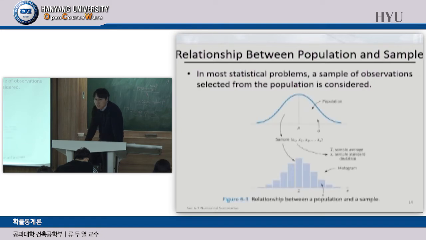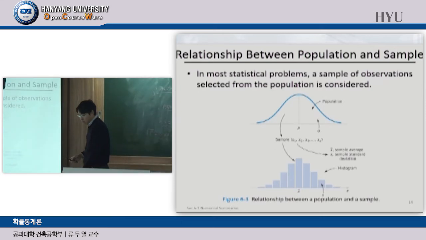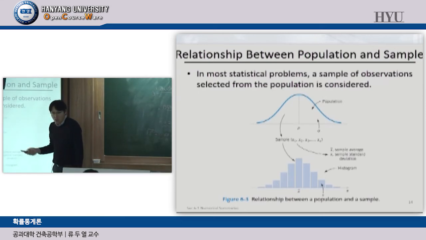So this is the schematic description of the relationship between the population and the sample. The population normally has numerous samples, so the number of samples is very large, very close to infinite. So we need to express the population as a line, since the number of samples is numerous. And a portion of the population is the random sample here, right?